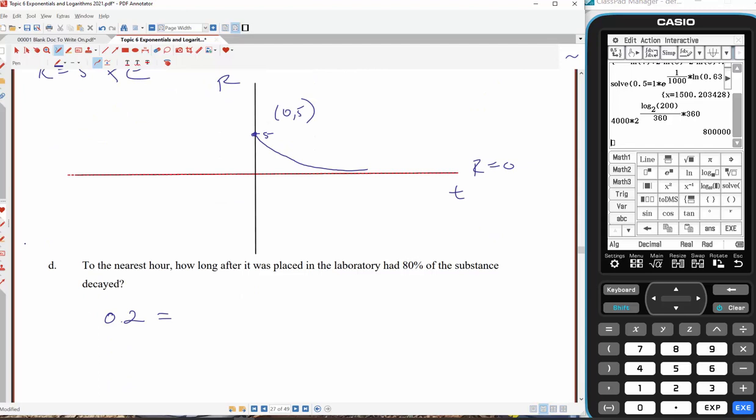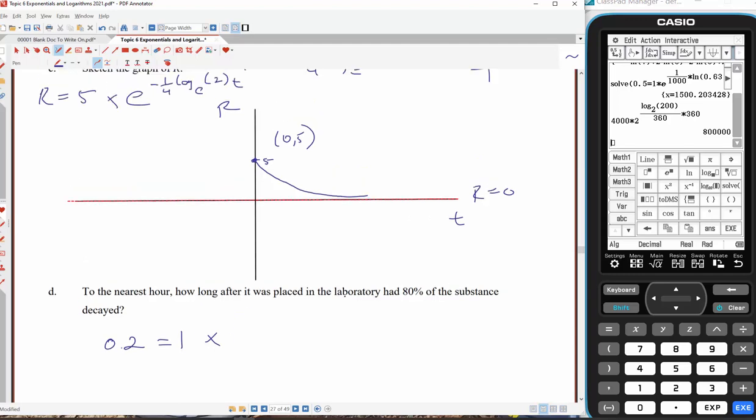We can go down to the unit, one lot of, and then down to 0.2 or 80% of it, times the formula, e to the negative a quarter log e2 t. Or you could do 5 and then work out what 0.2, or 2/10, of 5 is. Let's just do that on the calculator.